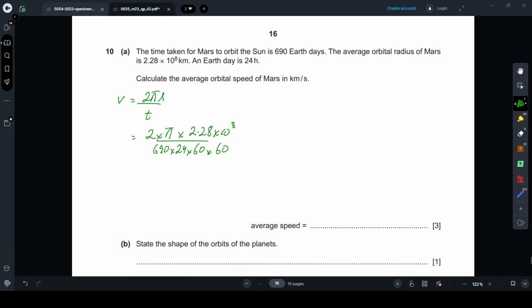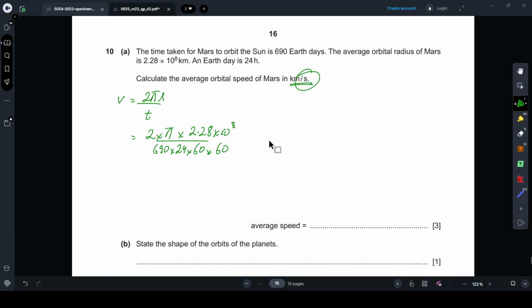And because they wanted kilometers per second, if they wanted kilometers per hour, we would have stopped at 24 hours. But why are we converting it all the way to seconds? Because they're asking for kilometers per second. Right? So these are the finer points that you need to be careful about, you need to keep a watch of.